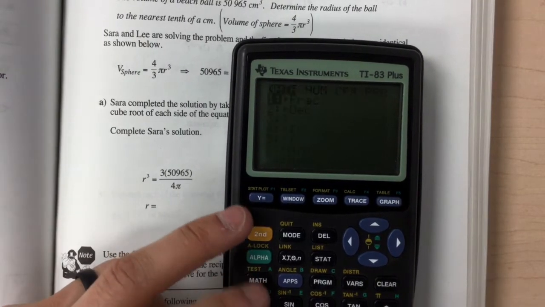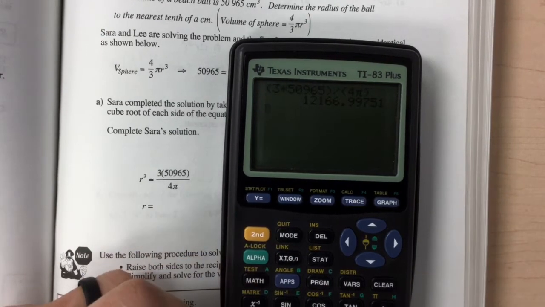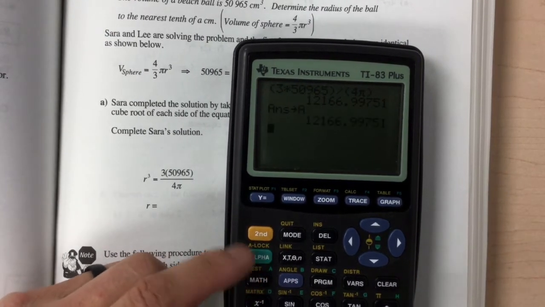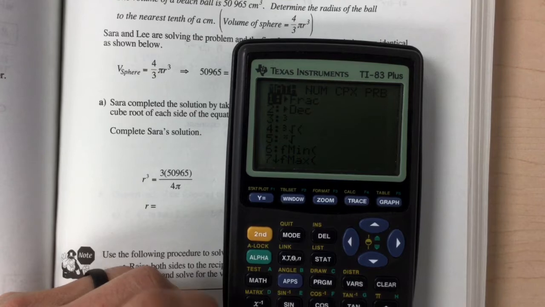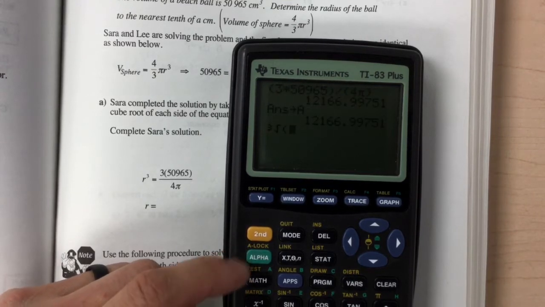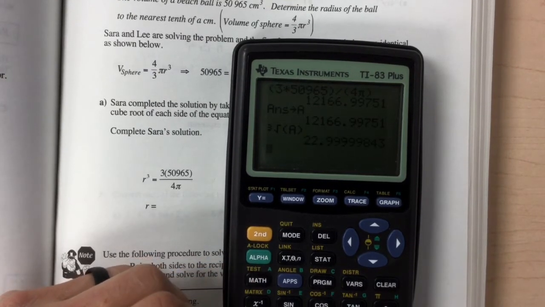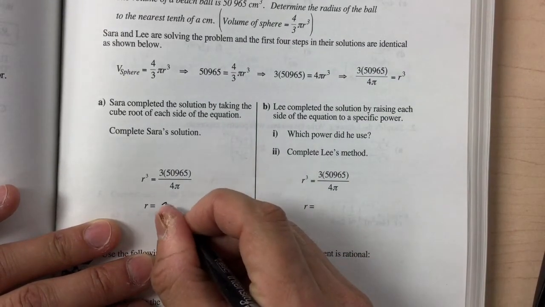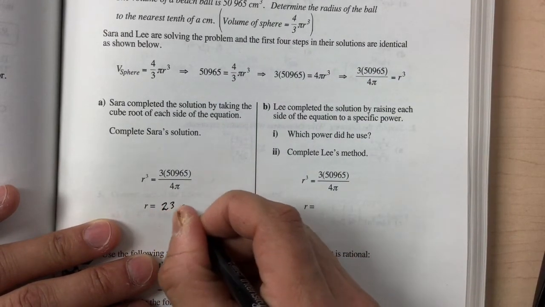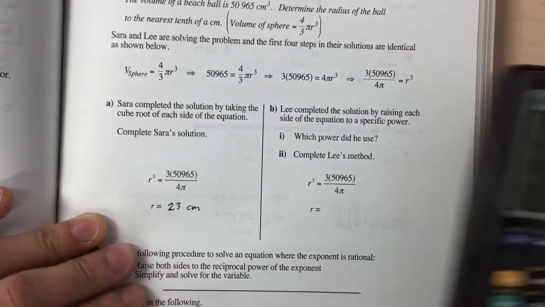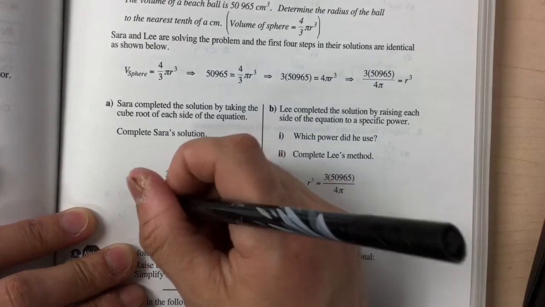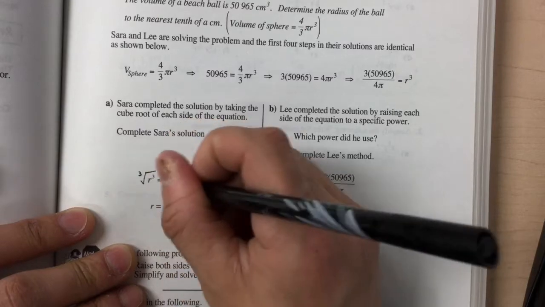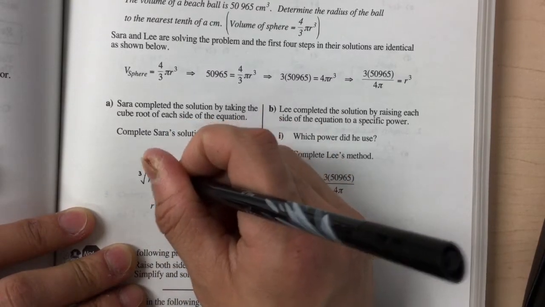And actually I'm going to store this answer as A, and she takes the cube root afterwards of A, and she'll get 23 centimeters. Now, what she did was she cube rooted each part of her equation.